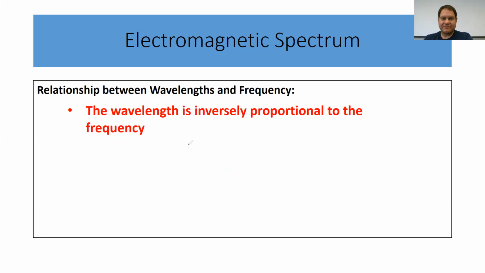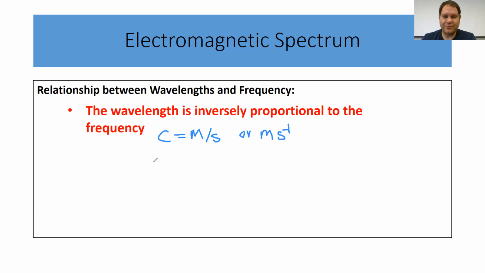Now, the last thing I want to do with this is to look at the units. Remember that the speed of light has units of meters per second, okay? So the units have to be in meters and seconds. Or if I take the reciprocal, it would be meters times seconds to the minus 1, okay?